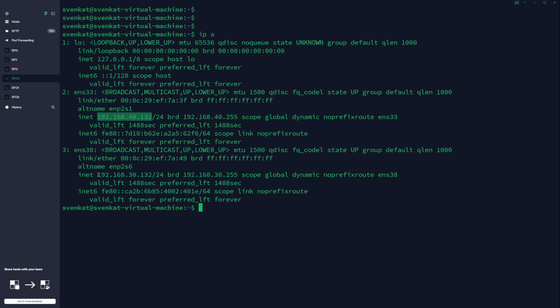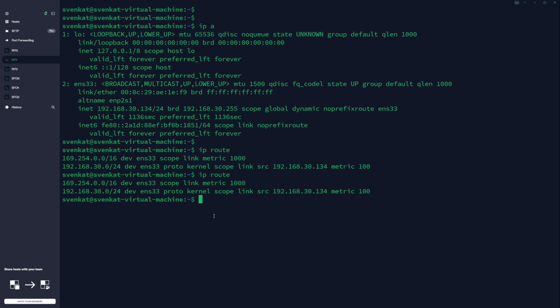The other interface is connected to the New York network, and 192.168.30.132 is the IP address. ens38 is the one that is connected to Chicago, and ens33 is the one that is connected locally inside San Francisco. Now let's look at the other four computers and how they are configured.